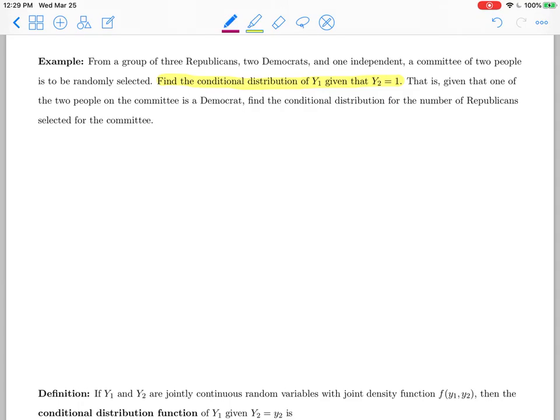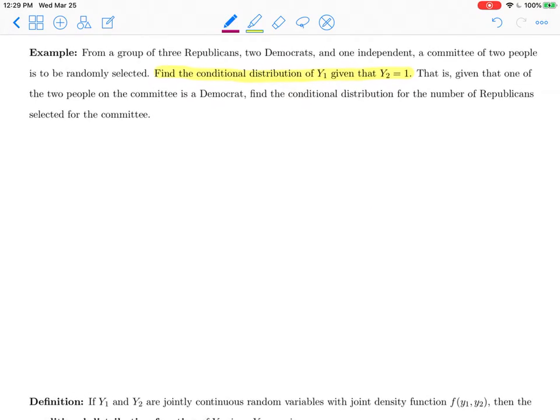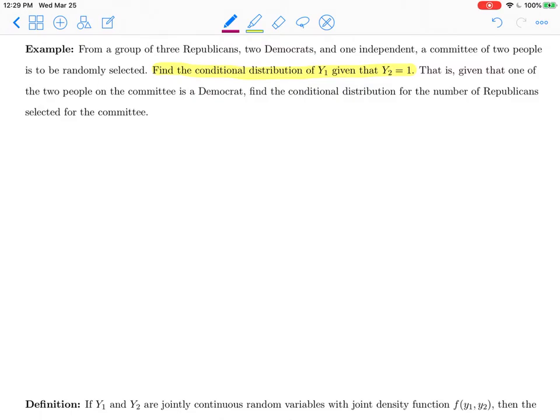And so we have previously looked at this a little bit, but let's look here. The probability that y1 equals 0 given y2 is equal to 1.